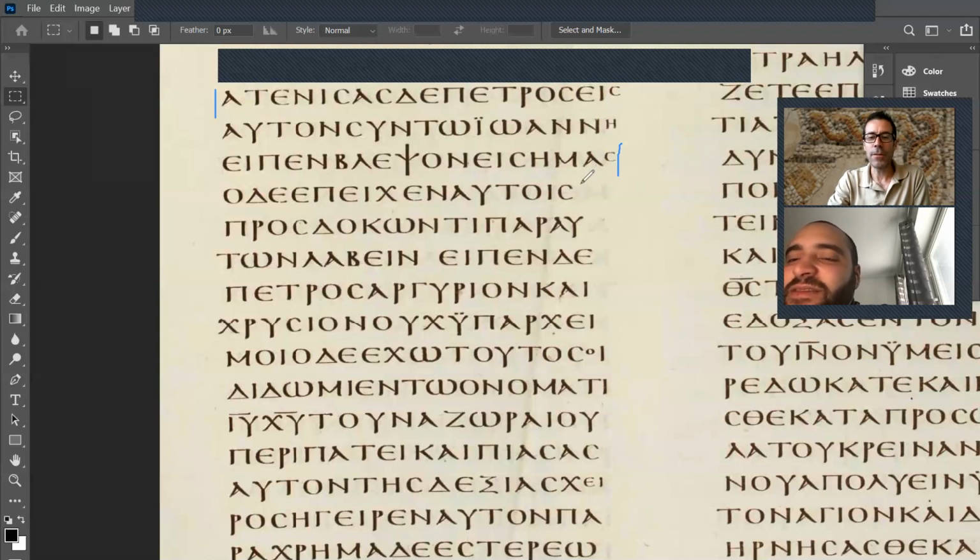I'm amazed at how perfectly formed all the letters are. Like the sigma, for example, they're all the same size, and the lines are straight. The delta is so perfect. It's hard to find a flaw.